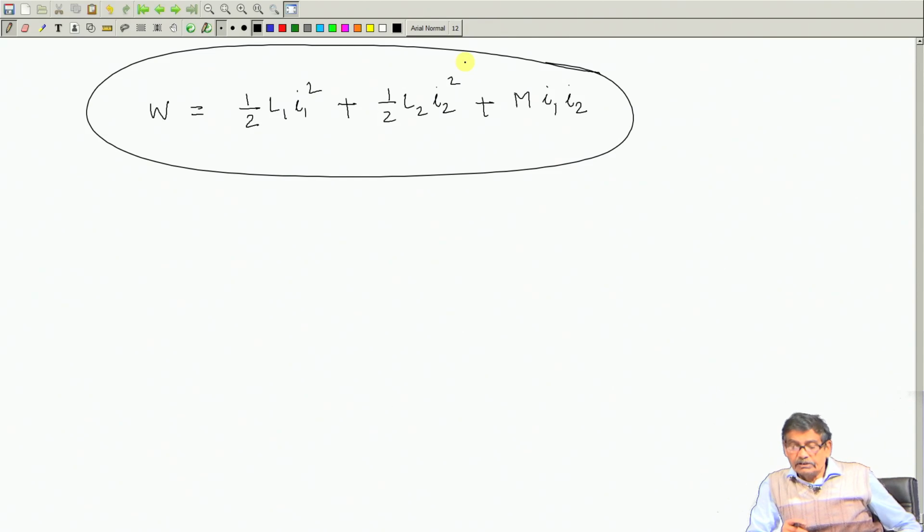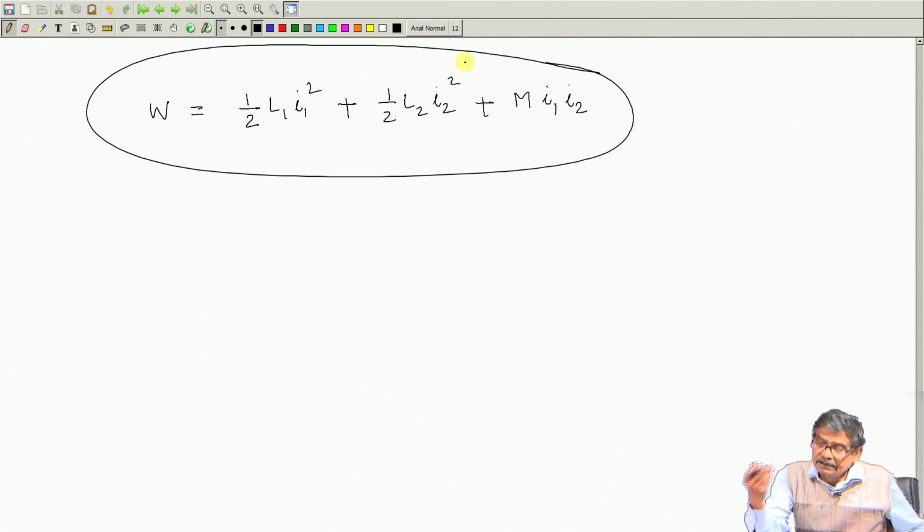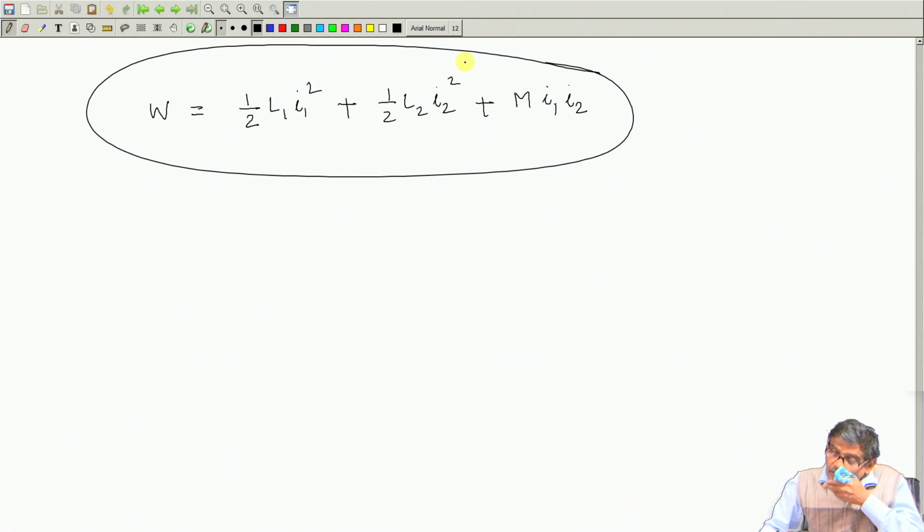Got the point? Because after all these are coils, lines of forces will be there, and this therefore will be the energy stored.